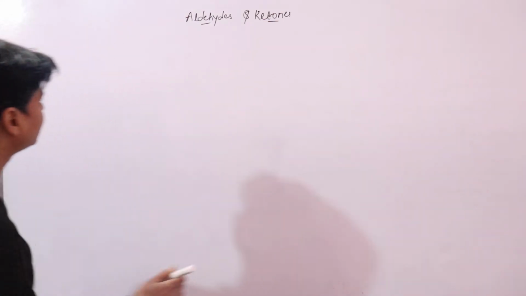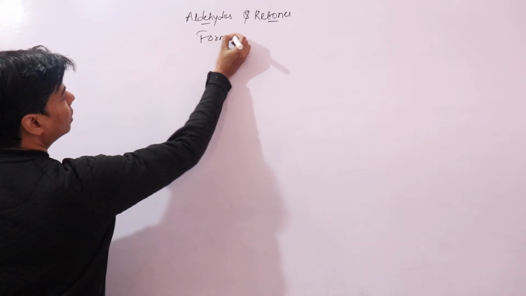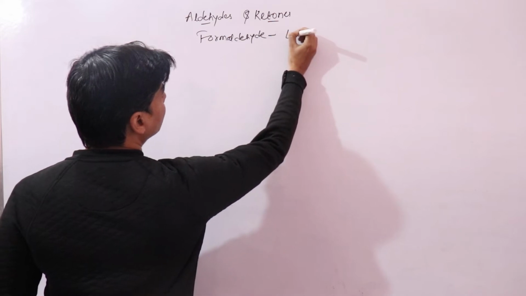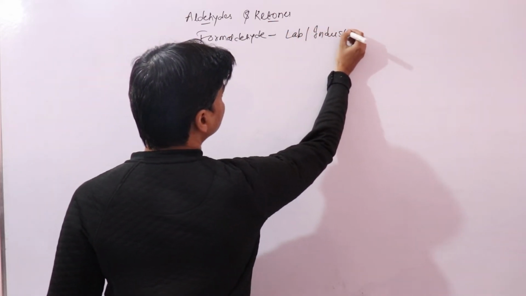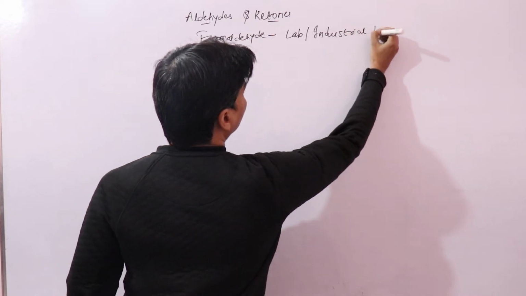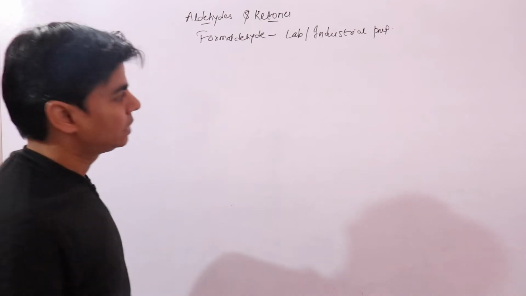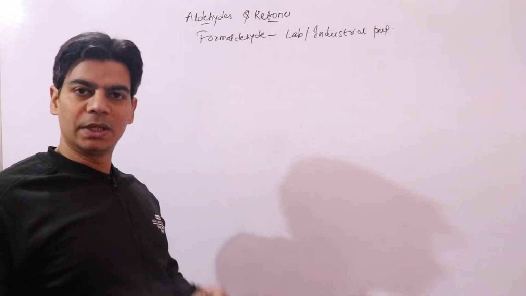So for lab preparation, first let me just write down, we are going to study about formaldehyde, its lab and industrial preparation. For lab preparation, it is prepared by oxidation of methanol.